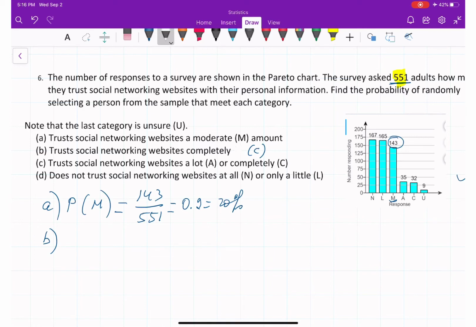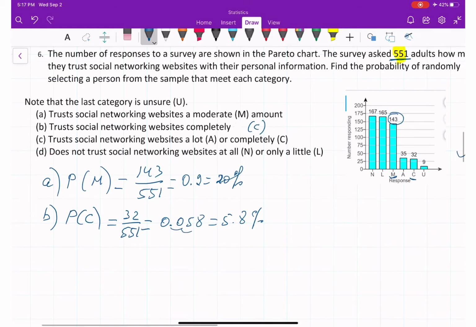C, here it is. 32, right? The probability of trusting completely is 32 over 551, and that's going to be 0.058. So completely trust is only 5.8%. We need to multiply by 100, meaning we are moving the decimal to the right by 2 positions, 5.8%.